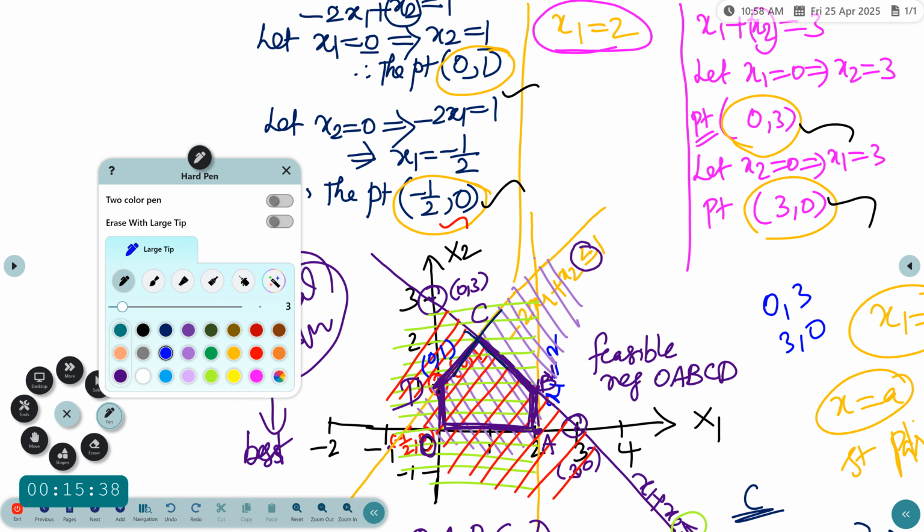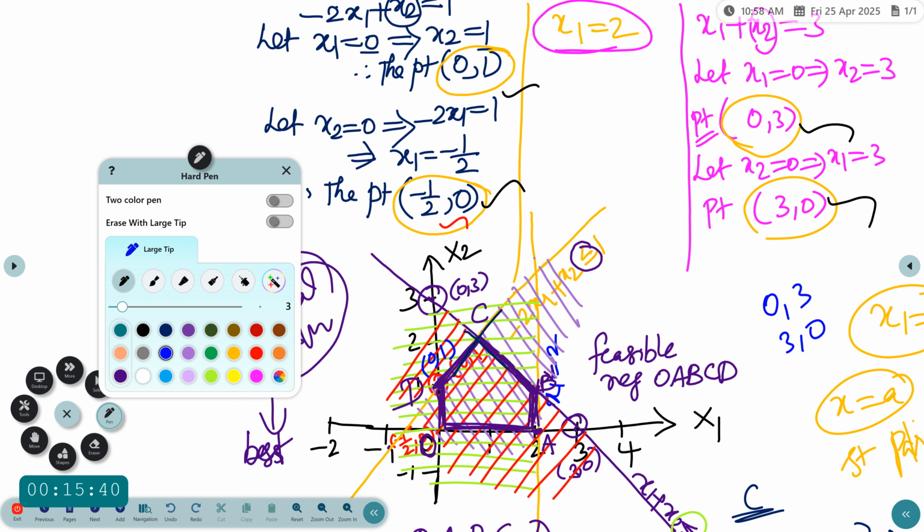Now we have the value for all the points. Now consolidate the points in a table. First point O 0 comma 0. Second point A. What is our A here?